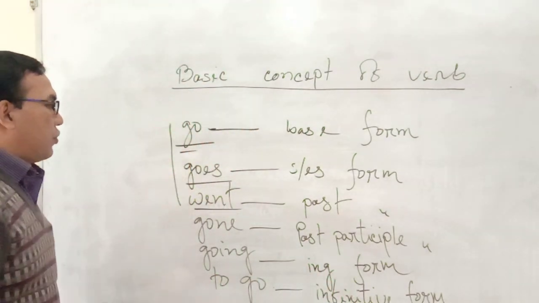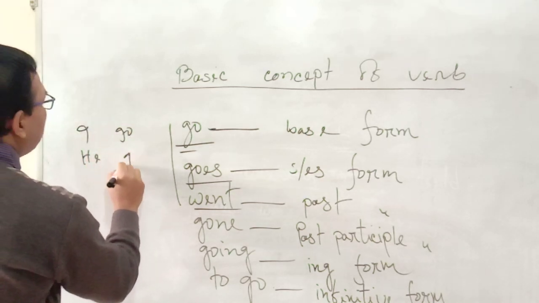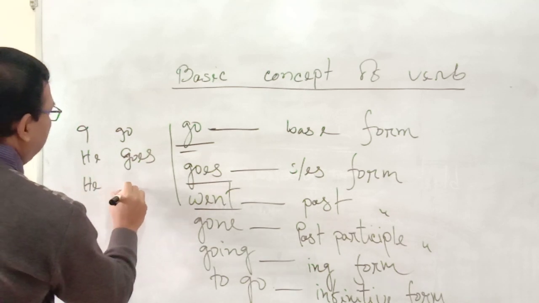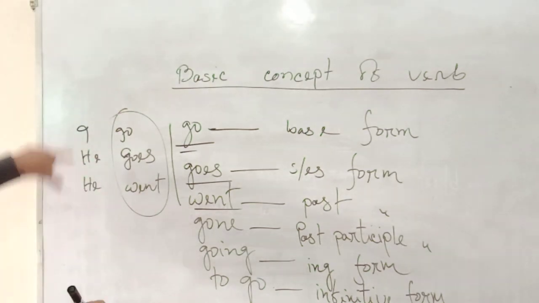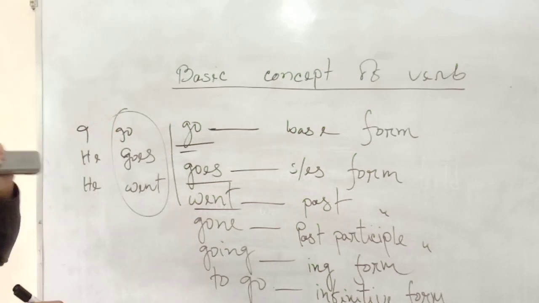So these are the finite verbs. I go, he goes, and he or I went. So these forms change with the change of number and person of the subject and tense. So these are the finite verbs.